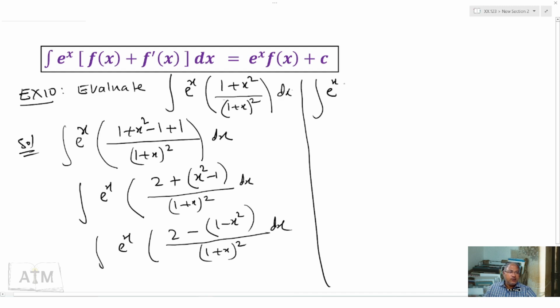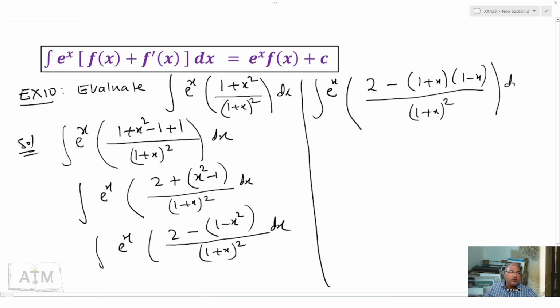Now here e raised to x is outside, and 2 and 1 minus x square can be written as (1 plus x) into (1 minus x), divided by (1 plus x) whole square, with respect to x.